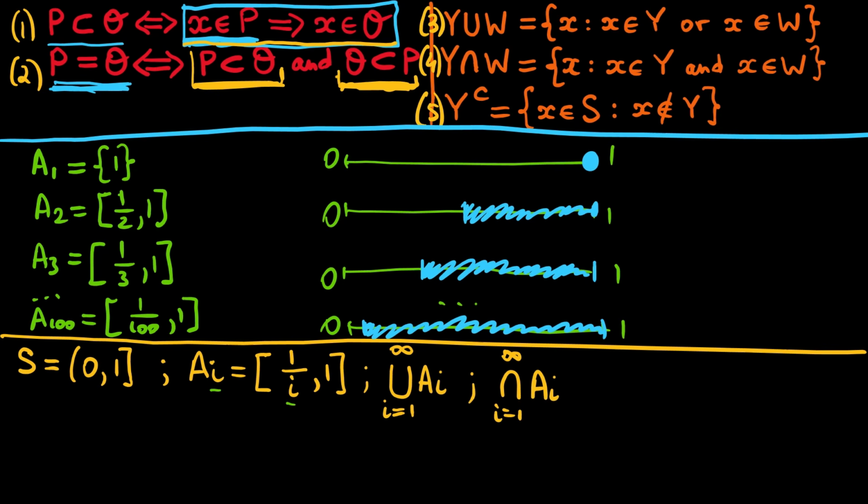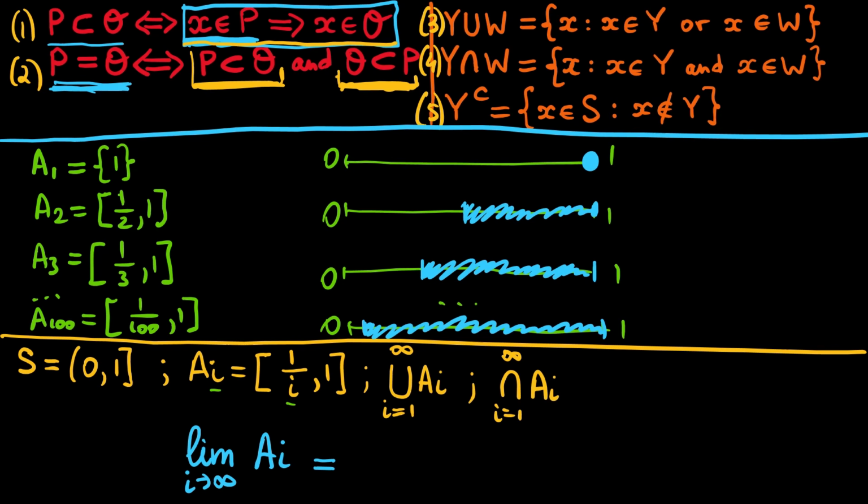so let's see what that looks like. The limit of A_i, let's study that, as i goes to infinity. What does that look like?